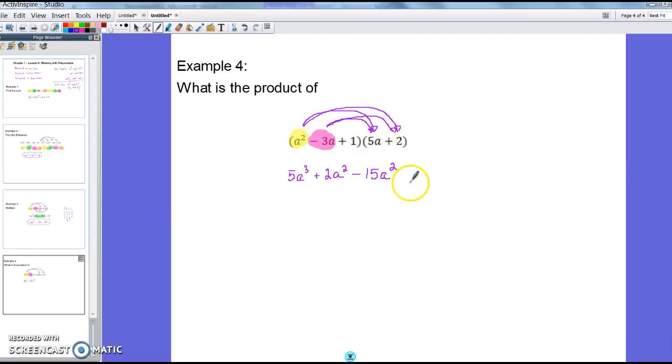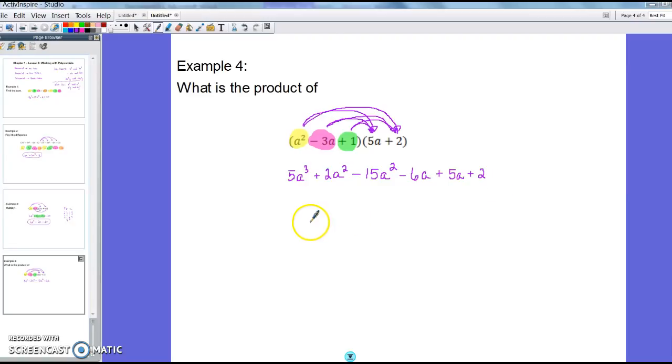Then negative 3a times 2 gives me negative 6a. Okay, so that takes care of that. Now I'm going to look at the 1, and I'm going to multiply the 1 by both terms in my binomial. So 1 times 5a is 5a, and 1 times 2 gives me 2.